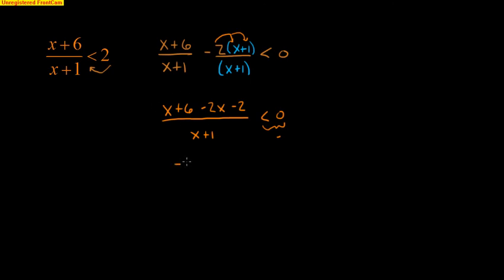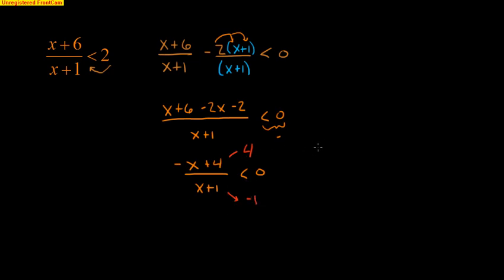I'm going to have negative x plus 4 over x plus 1 less than 0. So now what are my critical numbers? My critical number from the top is going to be 4 because that's what makes that 0. My critical number from the bottom is going to be negative 1 because that's what makes that 0.